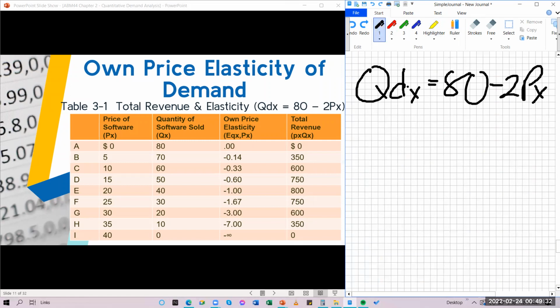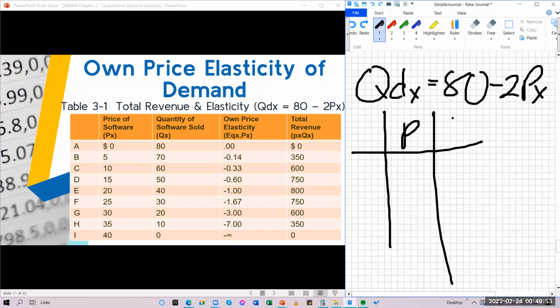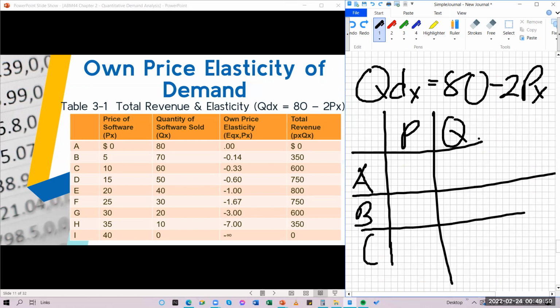We will be solving the price elasticity, so we will solve or complete the table. You already know this one. We have price and quantity. This is a T chart of price and quantity, and we use A, B, and C as examples.